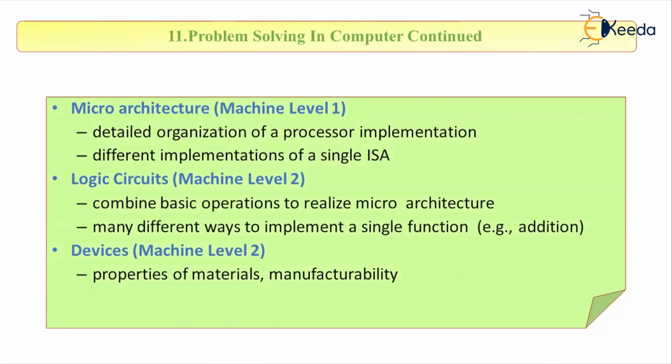Now, let us understand machine level 1. What do you know about machine level 1? Machine level 1 is called microarchitecture. Now, when you say microarchitecture, what is the definition of microarchitecture? Detailed organization of a processor implementation.